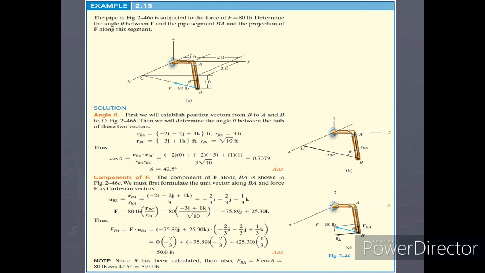So 2, 3, minus 1. Let's see which one. Oh, this is 0, 0, 0. Then here I put minus 1 and tick this one, because it is down, towards the negative z-axis. Are you following? So this is the coordinate of B.